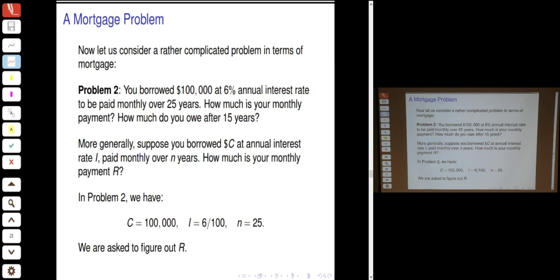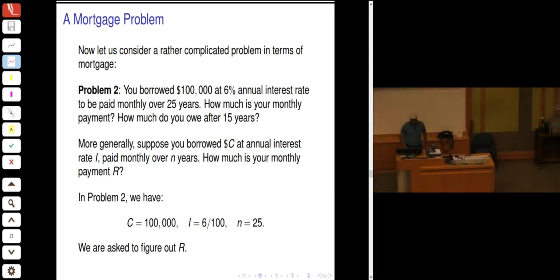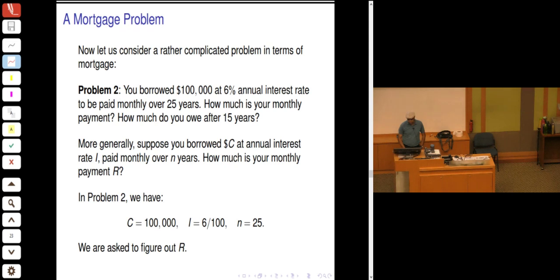We were discussing this rather complicated mortgage problem. Suppose you have borrowed $100,000 at 6% annual interest rate, to be paid monthly over 25 years. How much is your monthly payment and how much do you owe after 50 years?